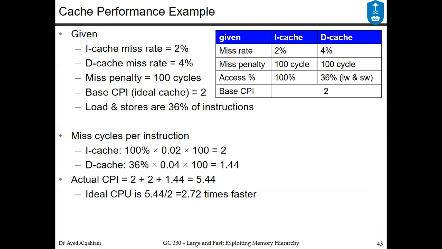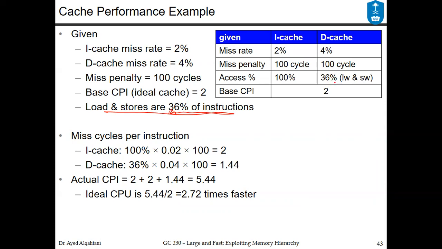So we organize this given information in a table. As you can see, the miss rate for the instruction cache is 2%, for the data cache is 4%. The miss penalty is 100 cycles in both of them. And the access percentage for the data cache was given clearly in this line, that it is 36%.